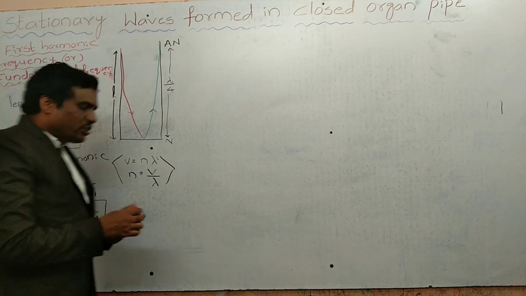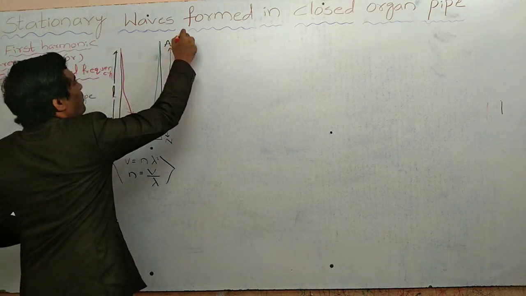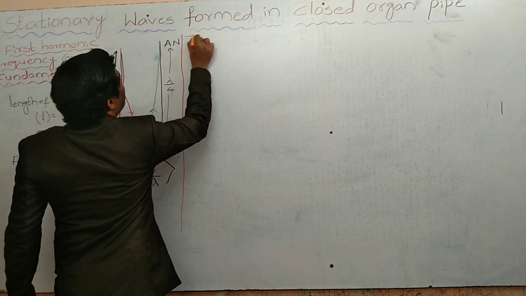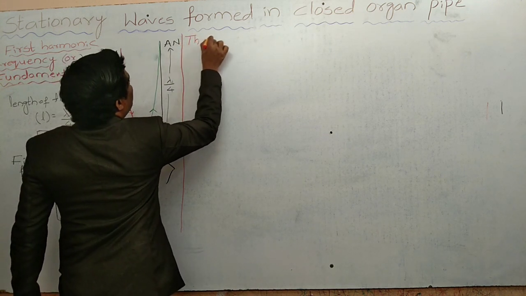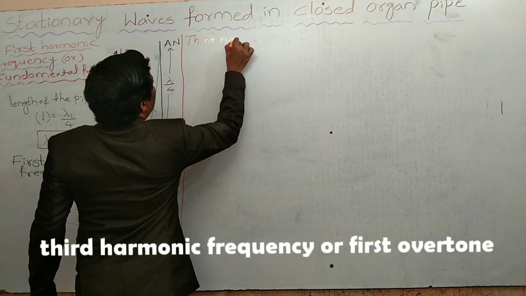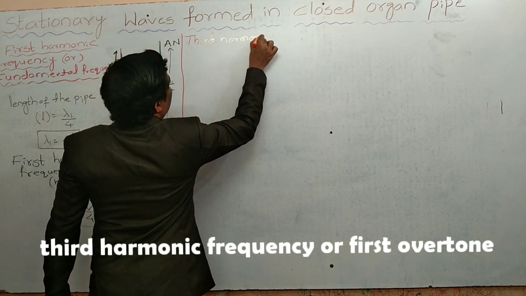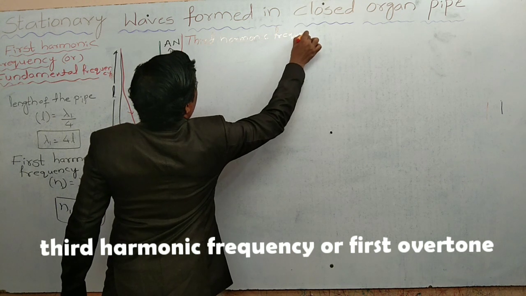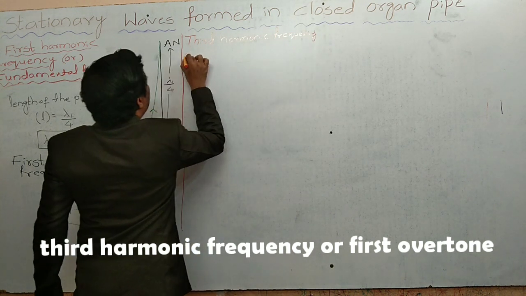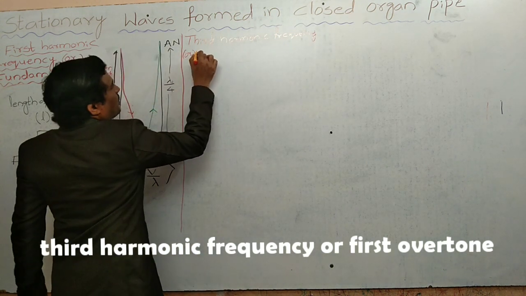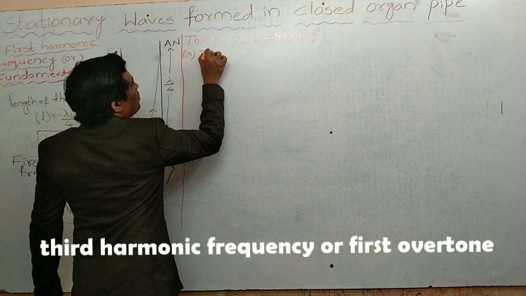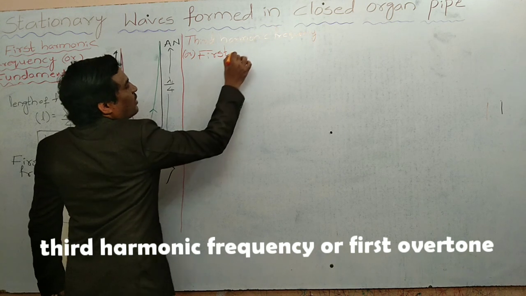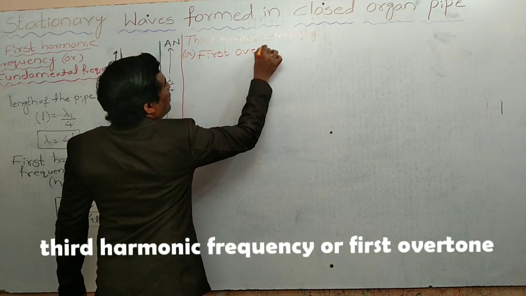Then we have to find out the third harmonic frequency, the next mode of vibration. It is also called the first overtone. Among the higher frequencies it is the starting one, that's why it is called the first overtone.